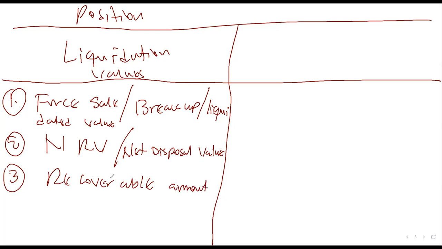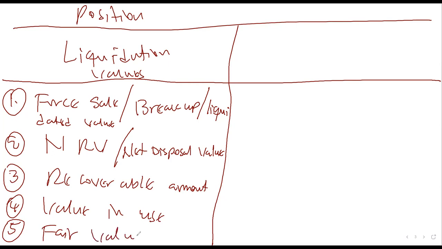Again, if you don't have recoverable amount, don't worry. Go ahead and pick the value in use. Finally, you have no choice than to use the fair value. It's the least among all of them. They are in order. So if the first is not there, second. If second is not there, third. Up to the number 5.